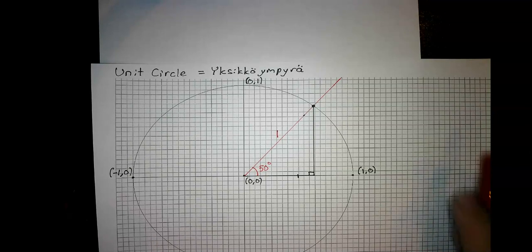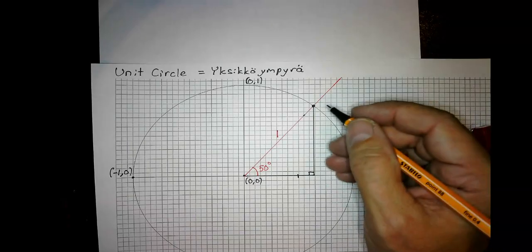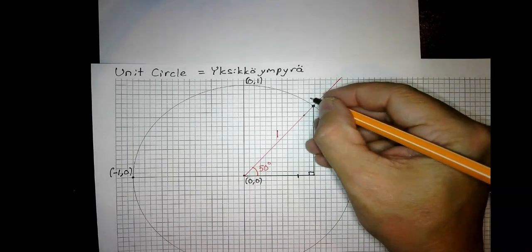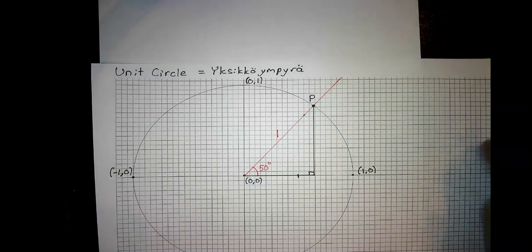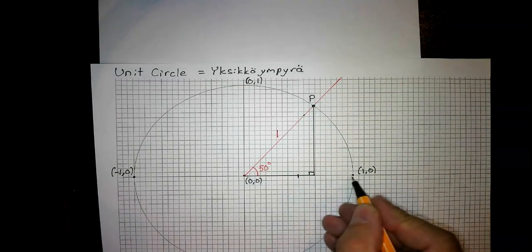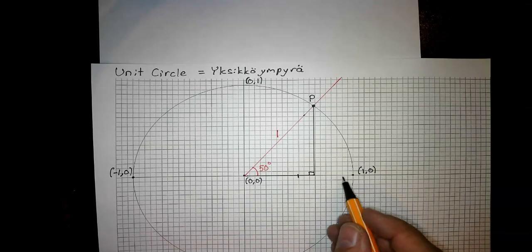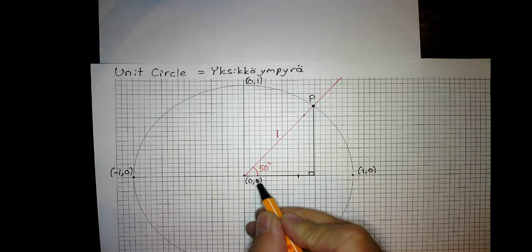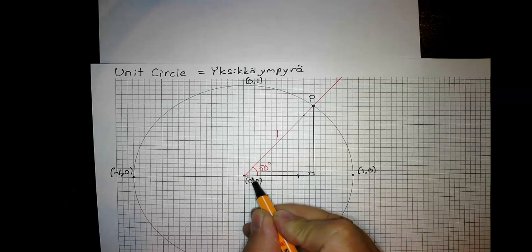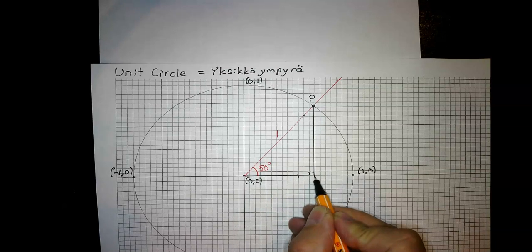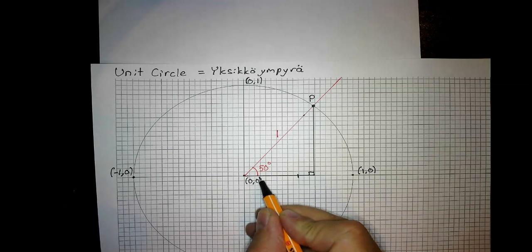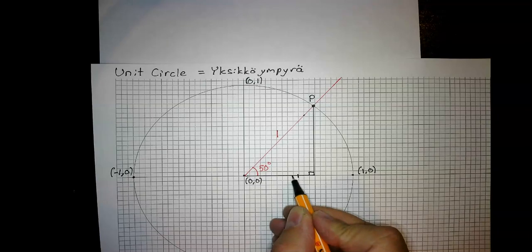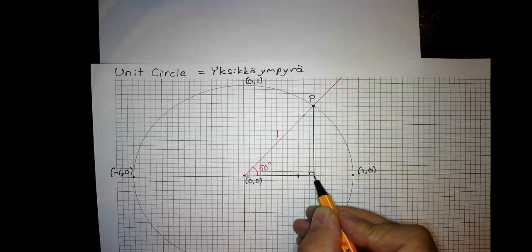And now if I try to approximate the coordinates of this point, let's call that point P. Remember that my grid is such that 1 unit is divided into 20 subdivisions. So if I calculate the number of these grids here to get to that point, I have 1, 2, 3, 4, 5, 6, 7, 8, 9, 10, 11, 12, almost 13.